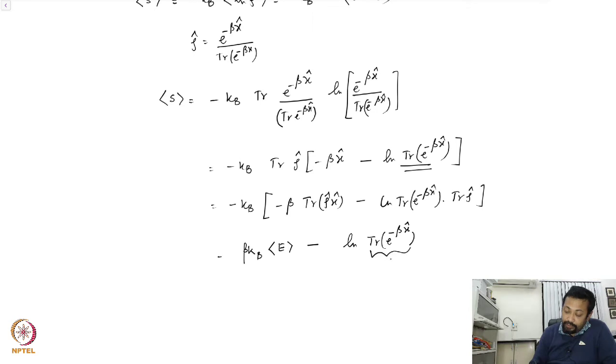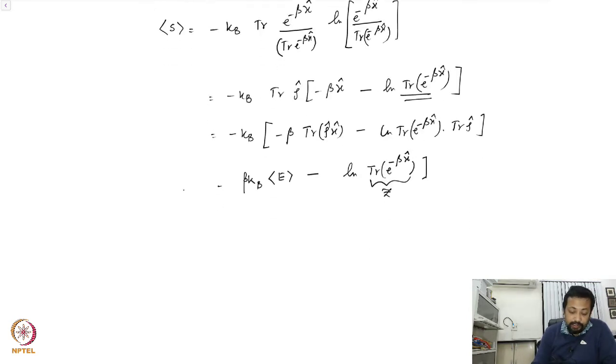But this quantity is the canonical partition function, so we will write down this as the average of S is equal to this. So you clearly see that T times the average of S is the average of E minus kBT ln Z, right?